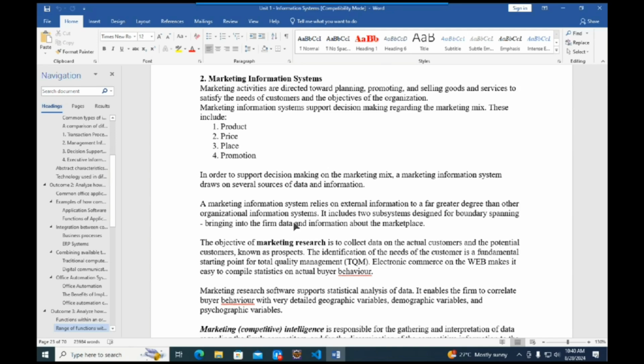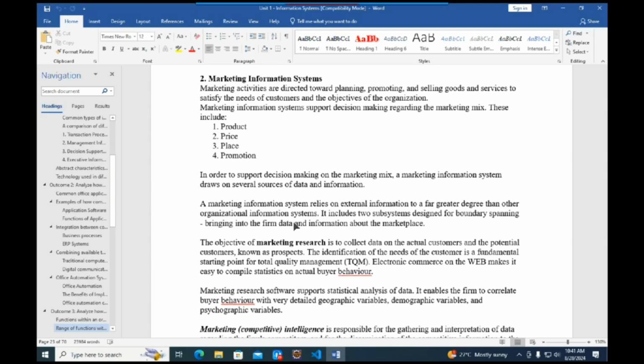A marketing information system is going to get external information to a higher degree than any other information system, because we are marketing to the external, not to the internal. So we have to acquire information from the external scale.